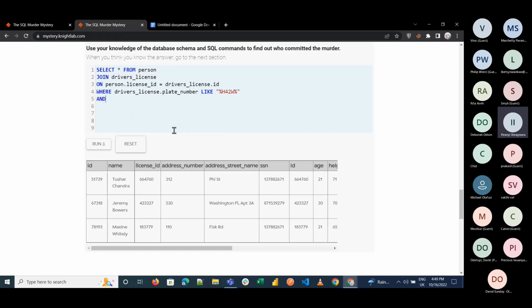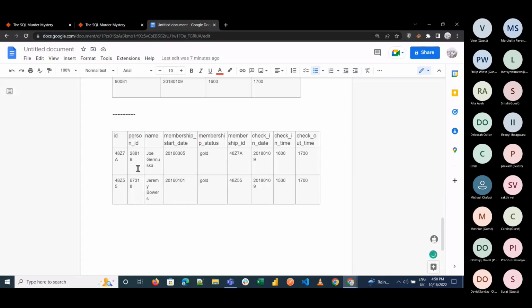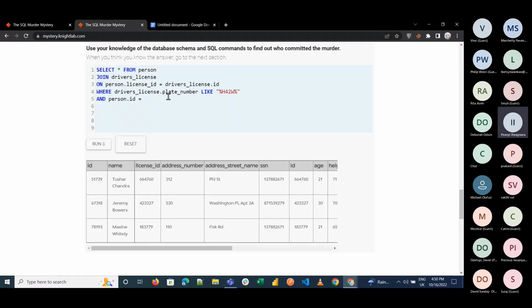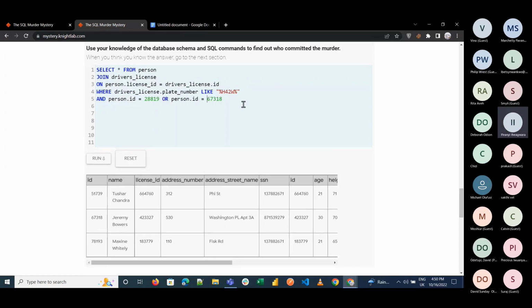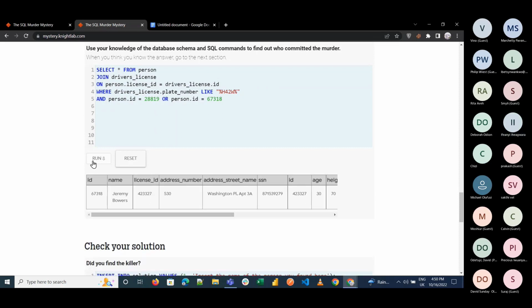Beside this plate number, we also know the person's ID number, which is dot ID. The person's ID was either this or it was this. These were the two ID numbers we had.